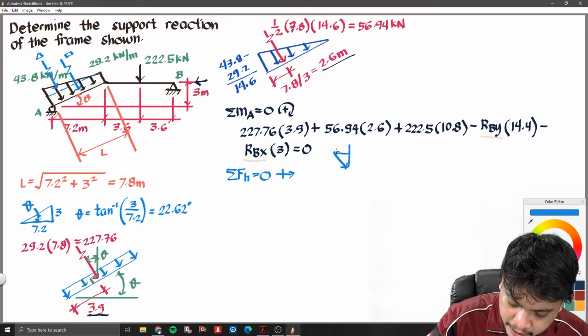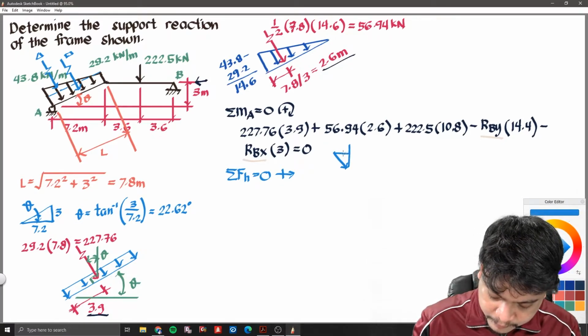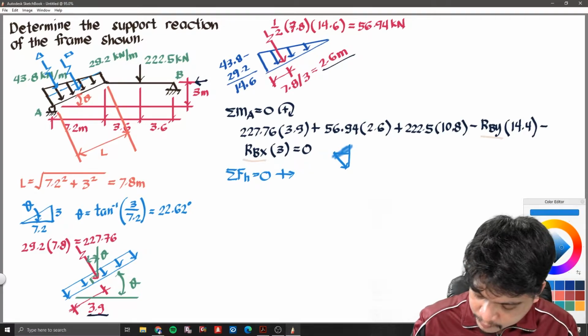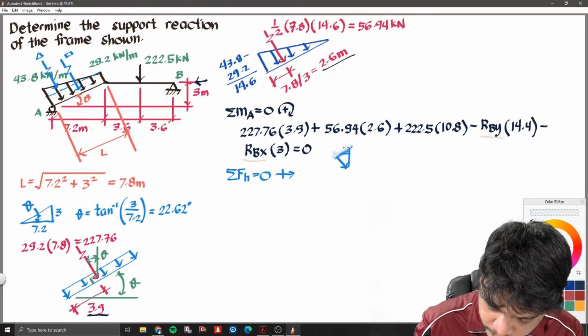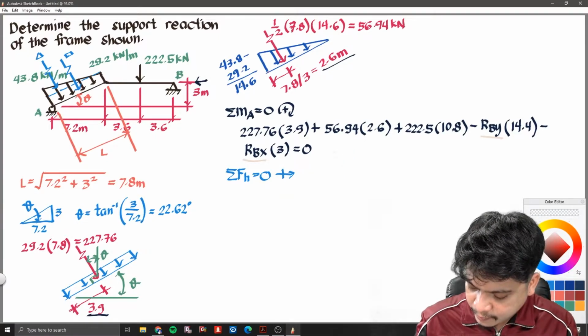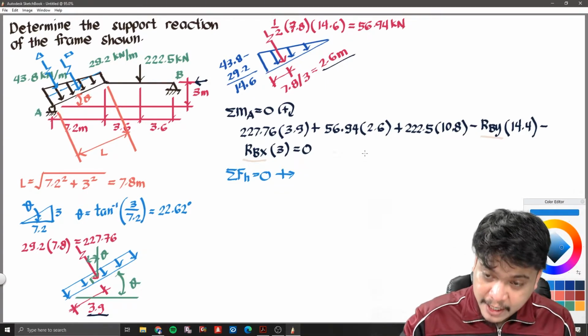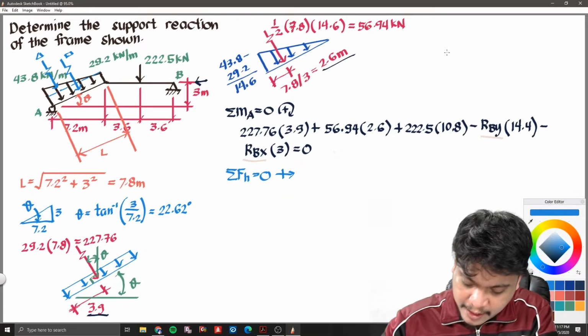Okay, kukunin natin yung part A. Okay, delete ko muna to. Okay. Next. Dito ko na lang pala ilagay sa taas para mas makita natin.